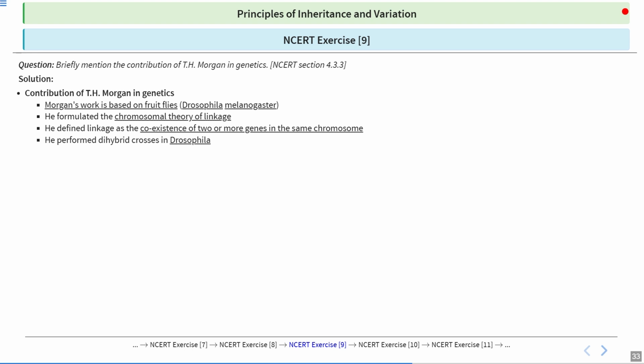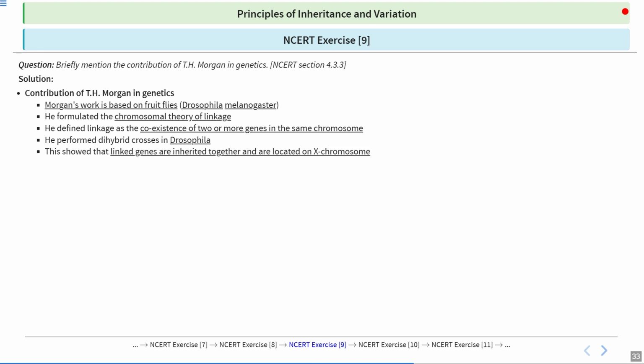A cross which involves two traits, and these two traits are controlled by two genes. So in dihybrid crosses, the organisms being crossed differ in two traits or two genes. And in dihybrid crosses, we study the inheritance of two genes. Clear?